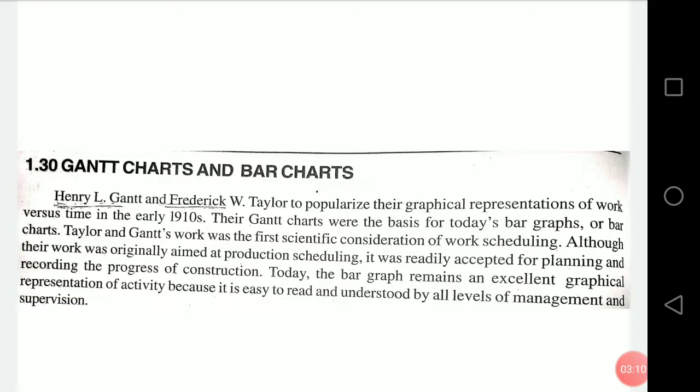Their Gantt charts were the basis for today's bar graph or bar charts. Taylor and Gantt's work was the first scientific consideration of work scheduling, although their work was originally aimed at production scheduling. It was readily accepted for planning and recording the progress of construction.